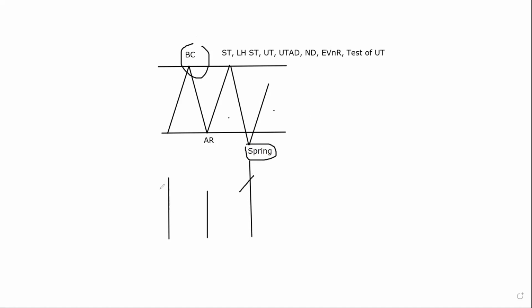We can compare this one and this one. So this becomes a failed buying climax. When this becomes a failed buying climax, we will not take a short trade. Now we will take a long trade. Got it?